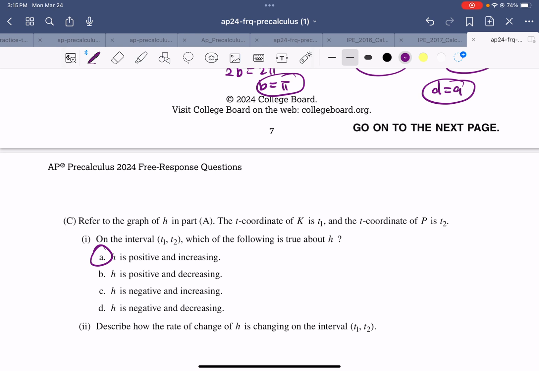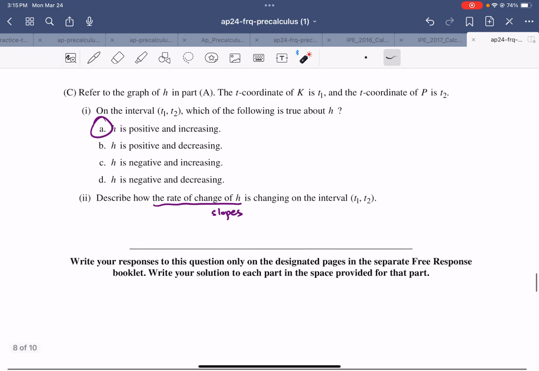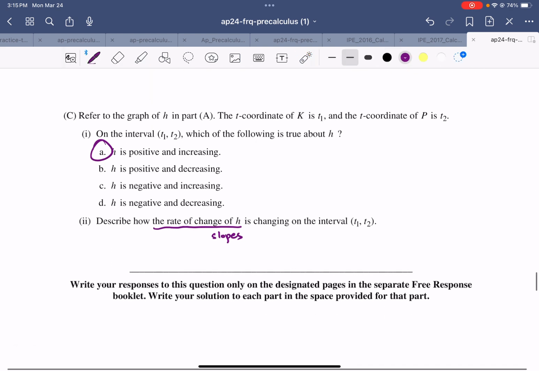Now, second one, describe how the rate of change of H is changing. Remember, the rate of change of H is the slopes, the slopes of the graph of H. So if you think about it, between here and here, your slope keeps on decreasing, right? That's the slope of the tangent. So you have to say the rate of change will be decreasing, right?